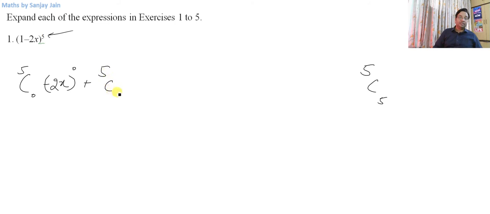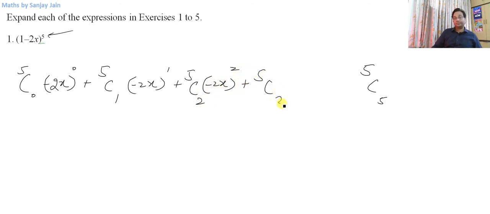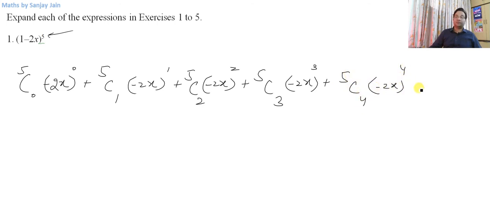Second term, minus 2x raised to power 1. Third term, minus 2x raised to power 2, minus 2x raised to power 3, 5c4 minus 2x raised to power 4, and then 5c5 minus 2x raised to power 5.